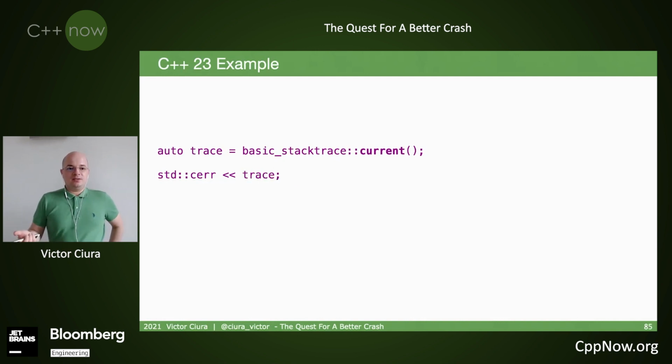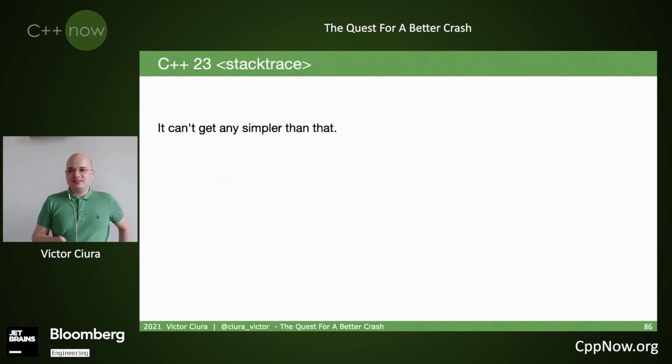So it gets even simpler because the stream output operator is overloaded for the whole stack trace, so you can just output the whole thing if you don't care to format it the way you want it. So it can't get any simpler than that.